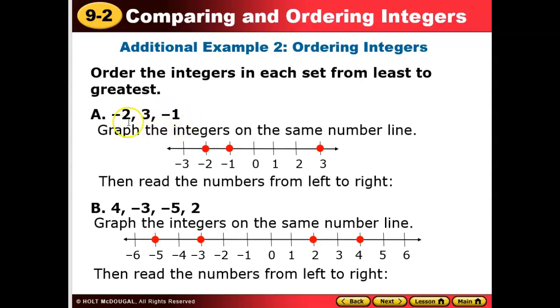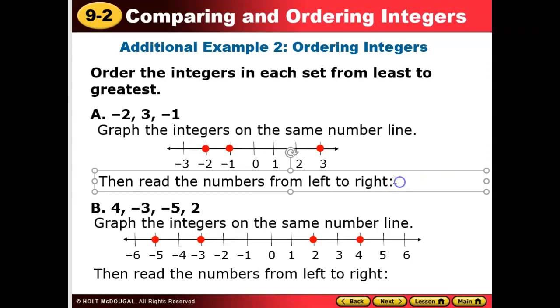You would just plot these on the number line. We have -2 right there. Then our next number is 3, and that's here, and then -1. So I have them on the number line so I can visualize where these numbers are. And then when you are going from least to greatest, you start with the number on the left and then move right. So you read the numbers from left to right.